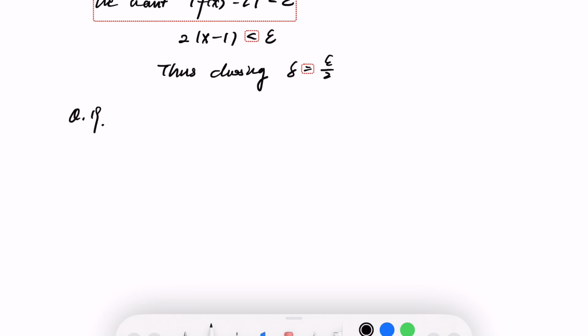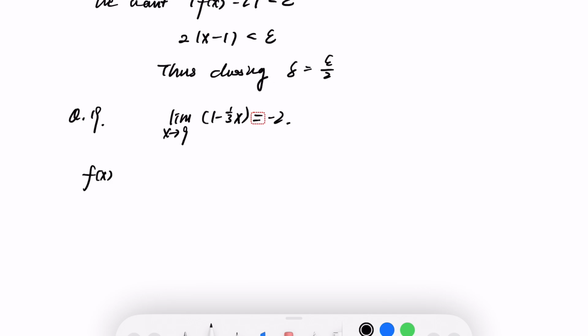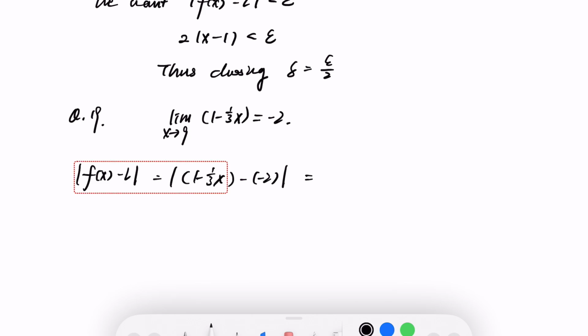Now, let's go to problem 19. The limit as x approaches 9 of the expression 1 minus 1/3 x equals negative 2. The absolute value of f of x minus L becomes the absolute value of 1 minus 1/3 x minus negative 2, which becomes the absolute value of 3 minus 1/3 x.